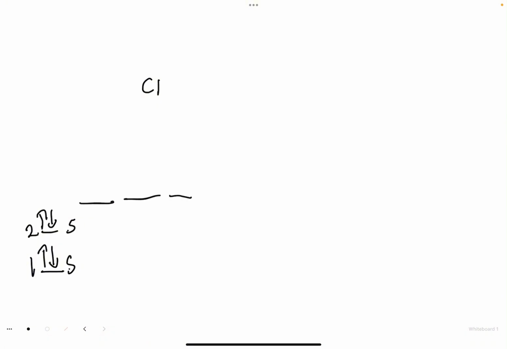For 2p6, we have the p sublevel that has 3 orbitals, so 2, 4, 6. Then now we're back to 3s, 1, 2. So now we're at 4, 6, 8, 10, 12.